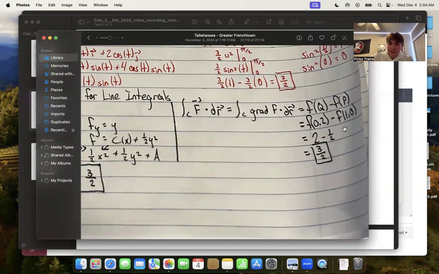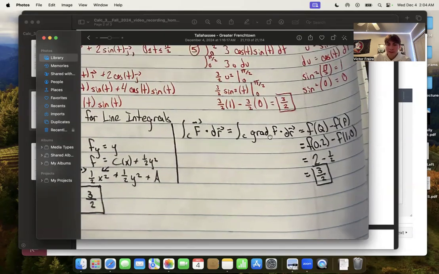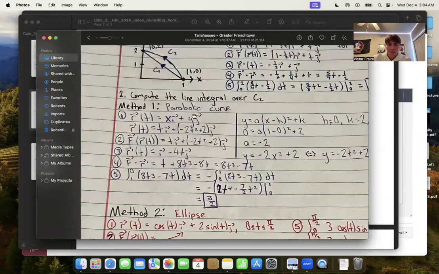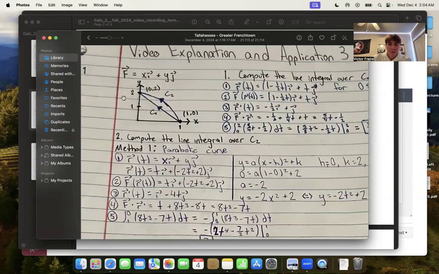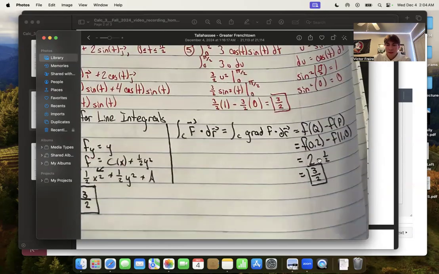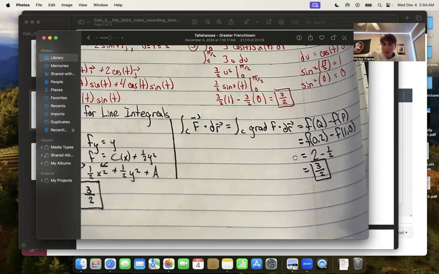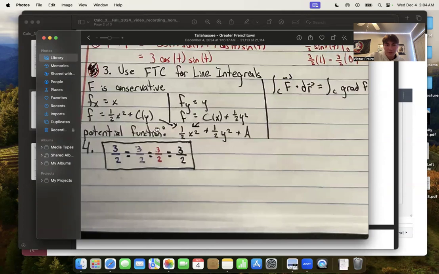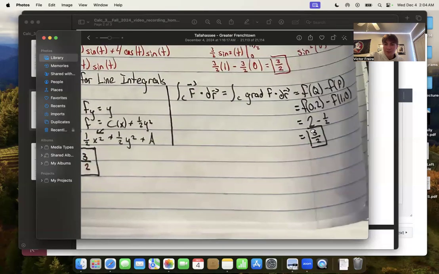So what's Q and what's P? We're using P as the starting point, so it's 1, 0, and Q as the ending point, so 0, comma 2. So f of 0, comma 2 for Q minus f of 1, 0 for P. If we plug 0 and 2 into this potential function f, and we can just ignore a for these purposes, we get 2.